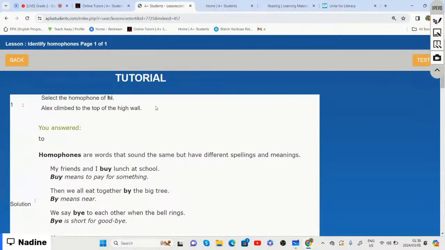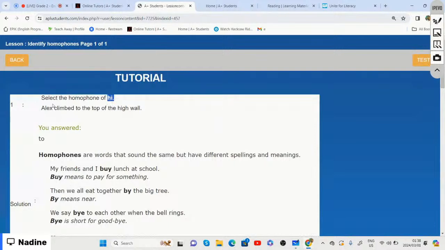We are going to select the homophone of hi. It's like saying hi, like greeting someone. Hi, hello, hey. So we need to select the correct word within the sentence that matches the word hi. It says Alex climbed to the top of the high wall.